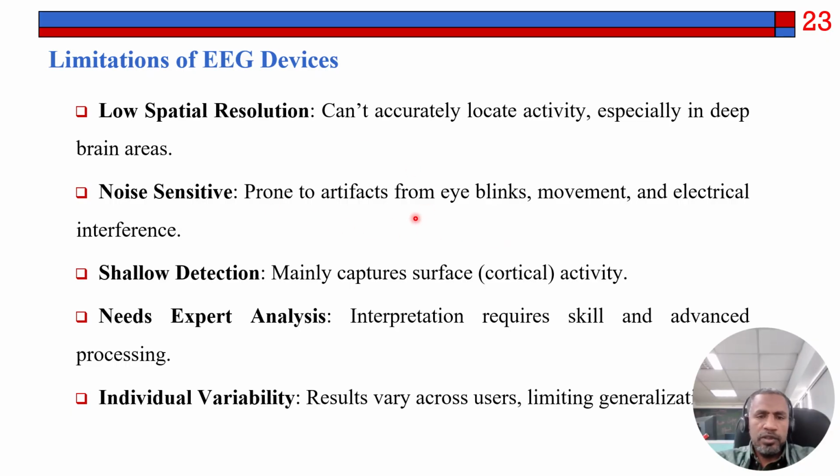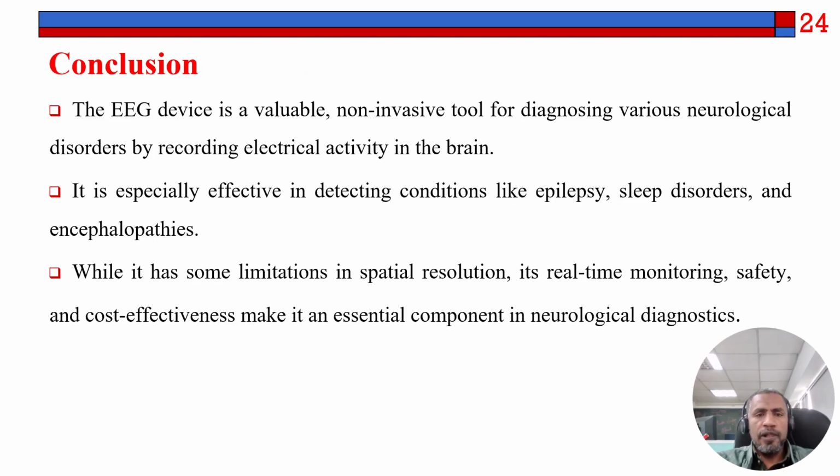It is easily affected by artifacts, and it has shallow detection, mainly capturing surface cortical activity, not deep analysis. It needs expert analysis by highly skilled trained persons, and the data varies between individuals, because results vary across users, limiting generalization.